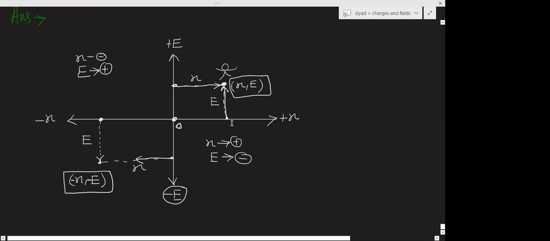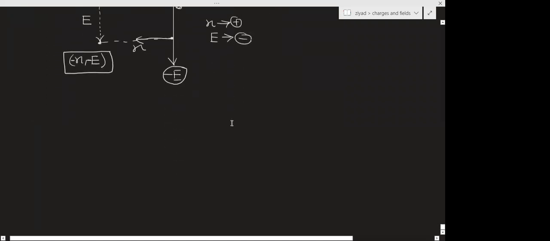So now we can draw the graph very easily.